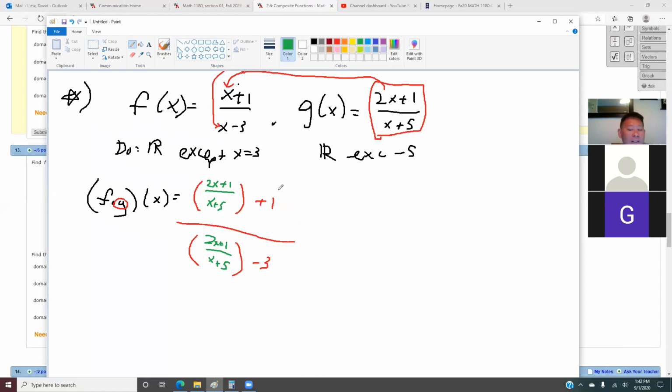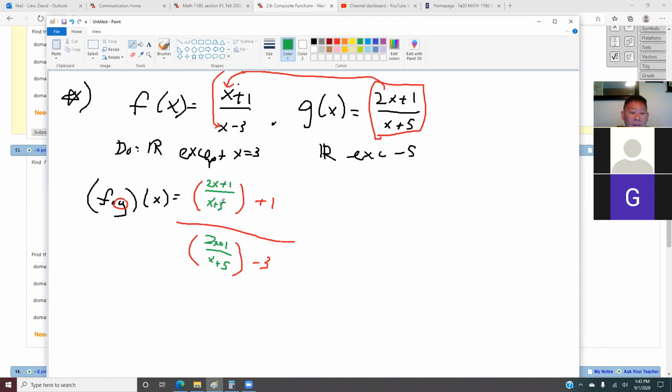So does anyone here know how to simplify this? Yes, this kind of question will be asked in your midterm, so make sure you know how to do this. Does anyone know how to simplify this? How about flip the denominator and then multiply it?